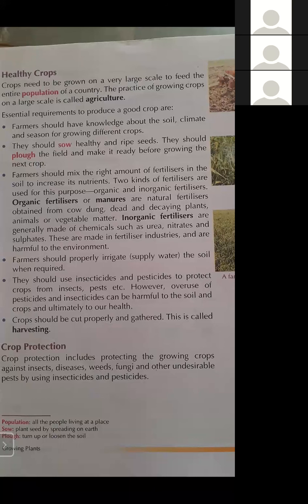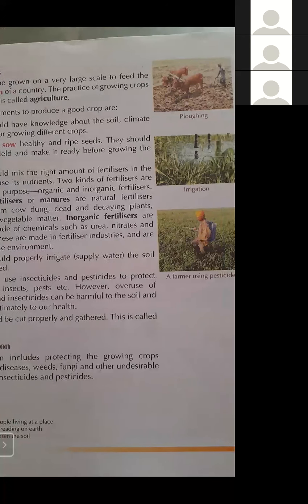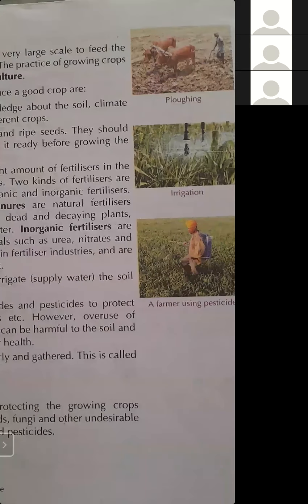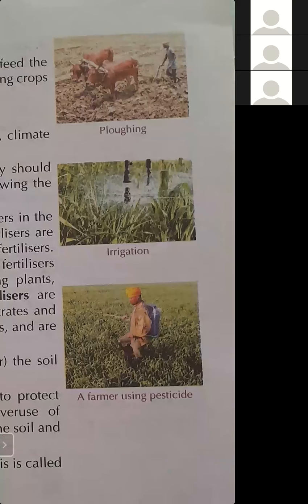They should sow healthy and ripe seeds. They should plow the field to make it ready before growing the next crop. Plowing means, in ancient times, like you are watching in the diagram, a farmer used a plow.